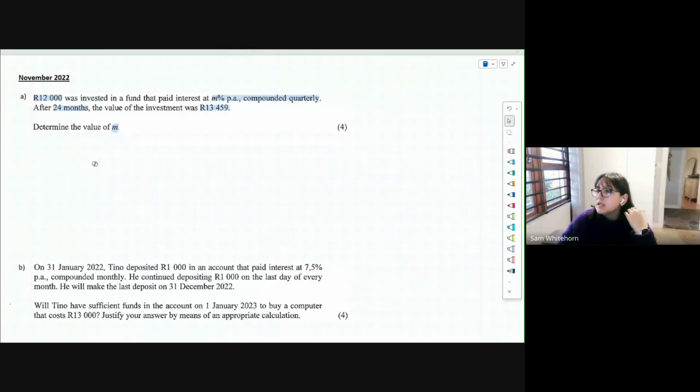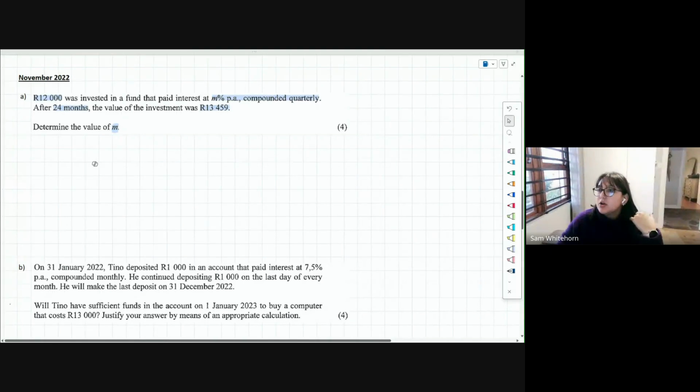The reason I'm saying quarters is because remember it says compounded quarterly. So we're considering a quarterly compounding period here. I always go back to the years and then go from there. If you can figure out how many quarters are in 24 months, great. But I personally find it easier to go back to years and then go from there. It gives you the same answer, so it doesn't matter.